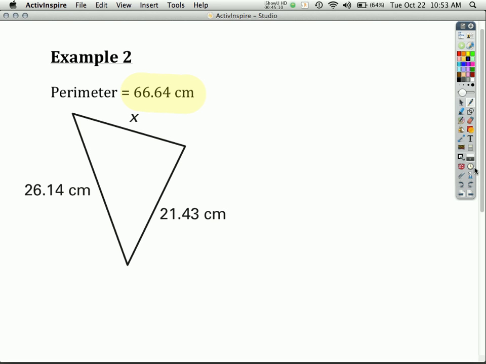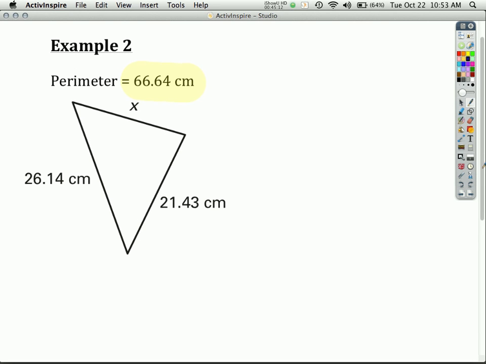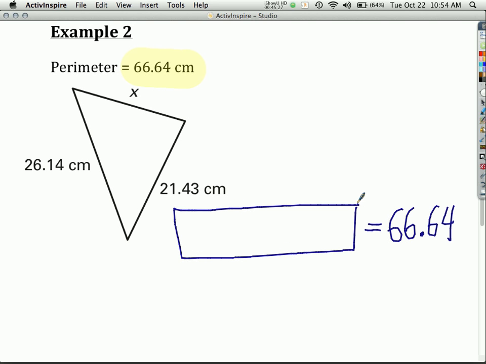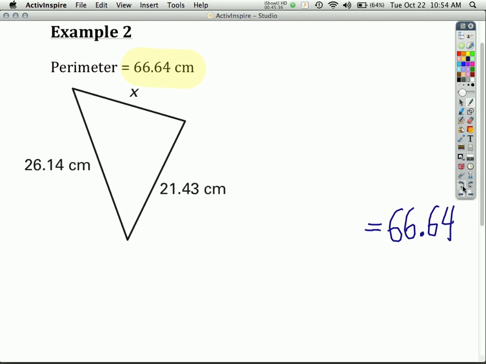Because when we write an equation, at least at this level, we start out by writing 66.64 all the way to the right. That lets us focus on, well, what has to come out to 66.64? What would have to be here to equal this? And that's our goal now.